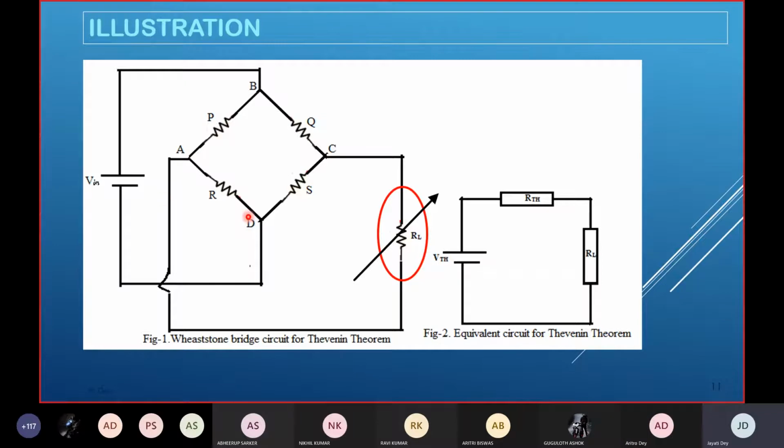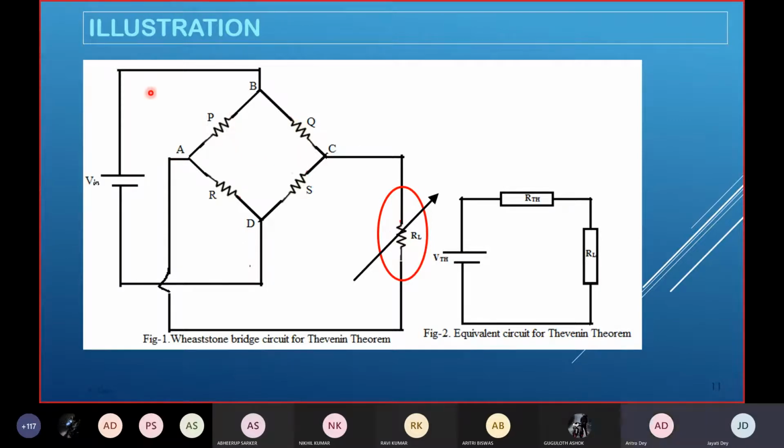Now this circuit can be replaced with this equivalent, where VThevenin is the equivalent voltage source in series with an equivalent resistance RThevenin, and this RL intact, right? Now, what is RThevenin? That is already told by the statement: looking back into the network through the terminals across which the load is connected.